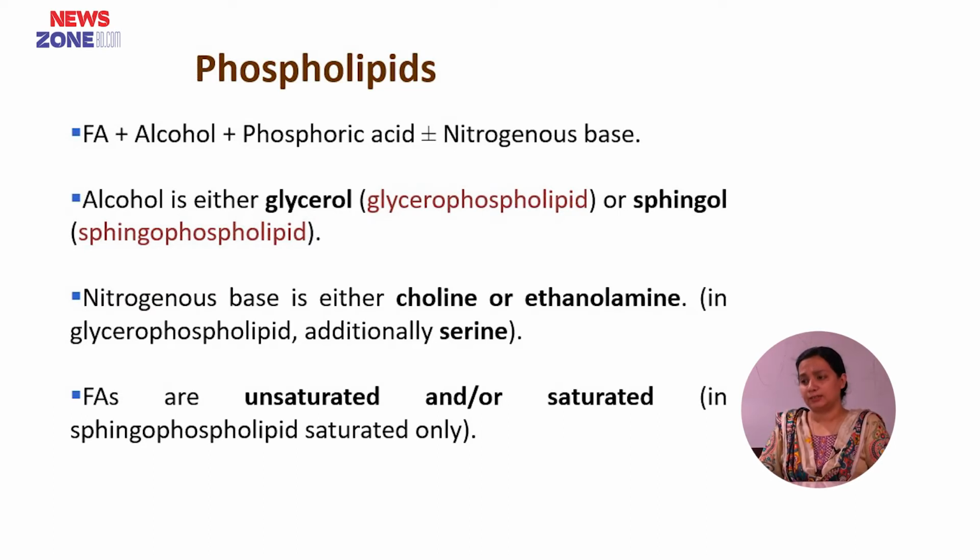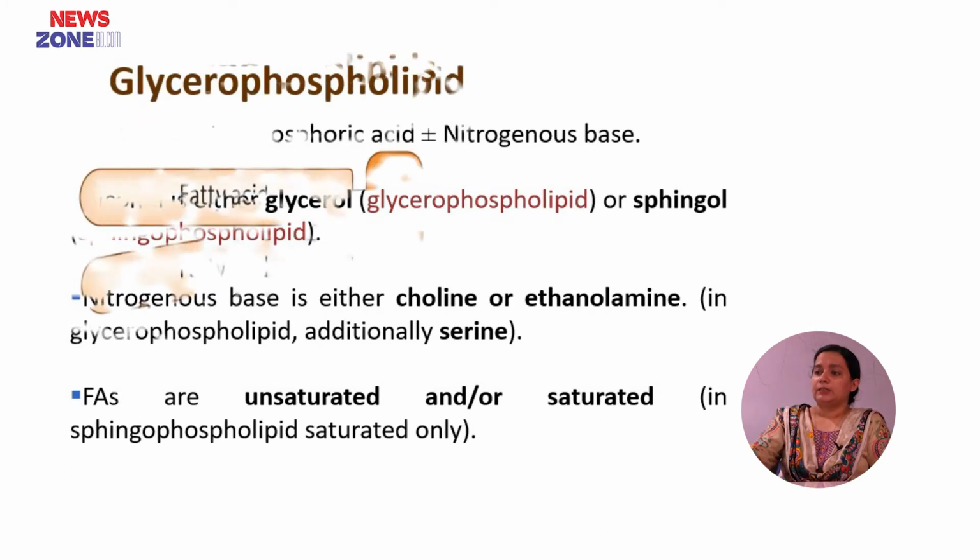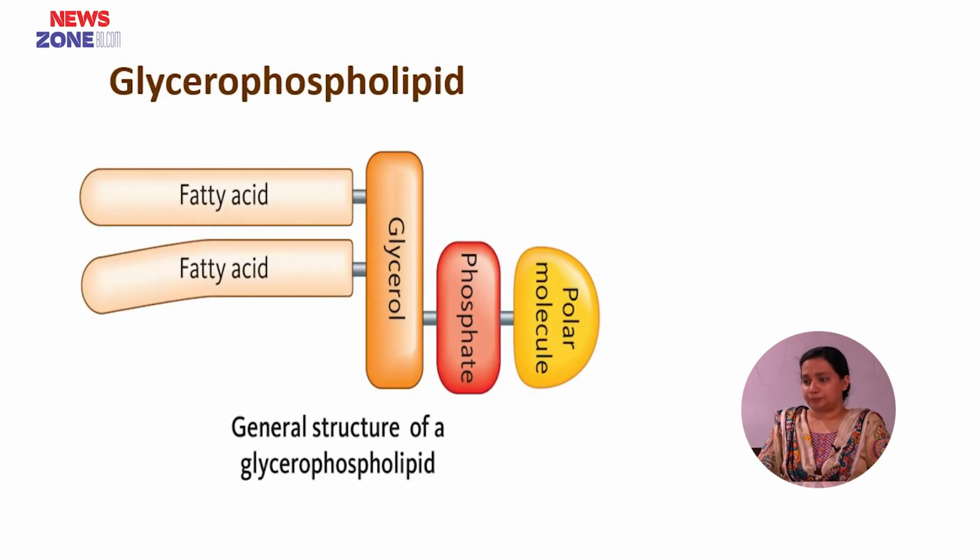Fatty acids are unsaturated or saturated. For example, in sphingophospholipid, saturated fatty acid is usually present. Glycerophospholipid: in the structure of glycerophospholipid there is one glycerol, two fatty acids, and another carbon atom is attached with phosphate and a polar molecule.